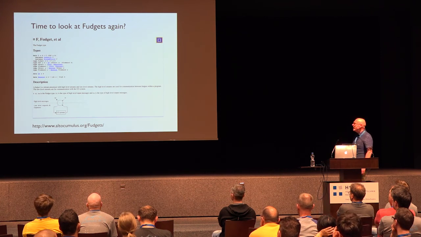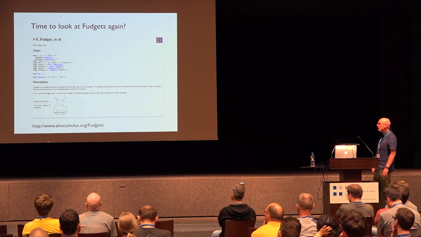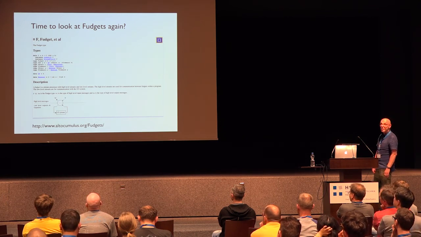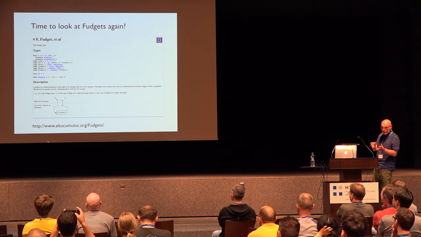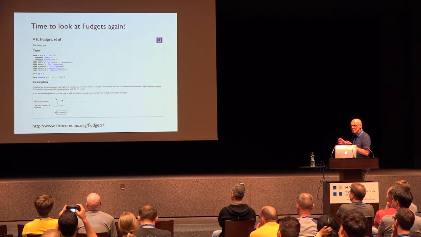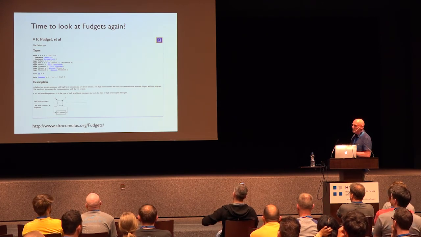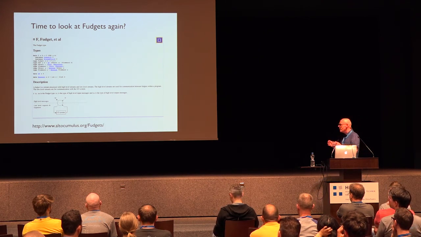One thing that occurred to me, there was lovely work done in the late 90s by Thomas Hallgren on functional widgets, Fudgets. So this was taking this model of stream processors and building a GUI library on top of it. It's really lovely. An early predecessor of Agda, I think it was Alfa, was built using Fudgets.